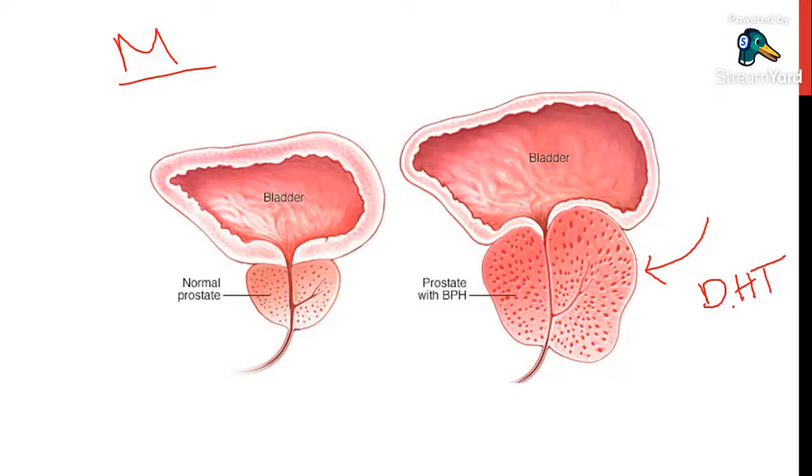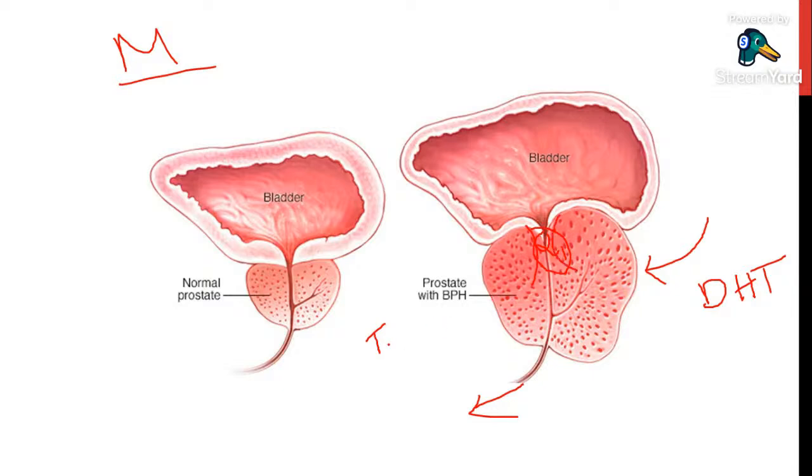This overactivity increases the size of the prostate gland, and due to that, the lumen of the duct which excretes urine from the bladder through the urethra decreases, and it becomes very difficult for the patient to urinate. So in that case, we will prescribe tamsulosin, which will inhibit the alpha 1 receptors here, and by that it will relax this sphincter.